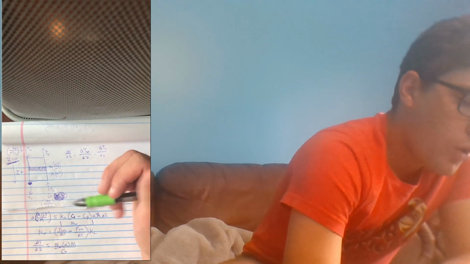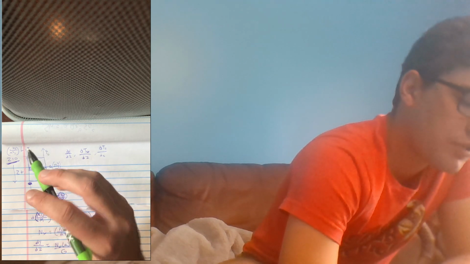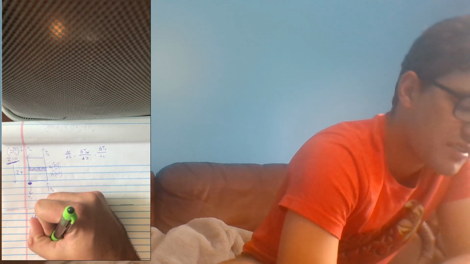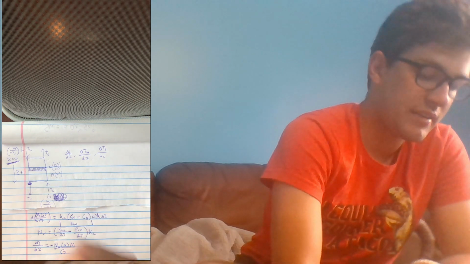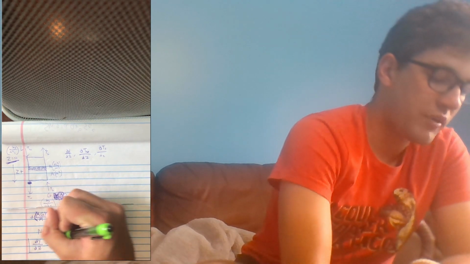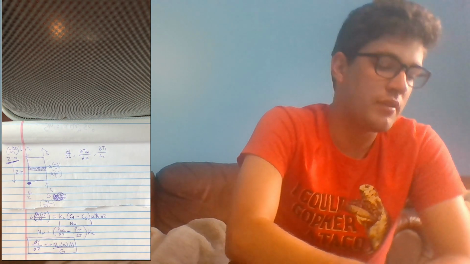So as it goes up the tube, it increases, meaning as it goes down the tube, it decreases. So we need this to make this negative. And that gives us the differential of the molar gas concentration with respect to position.